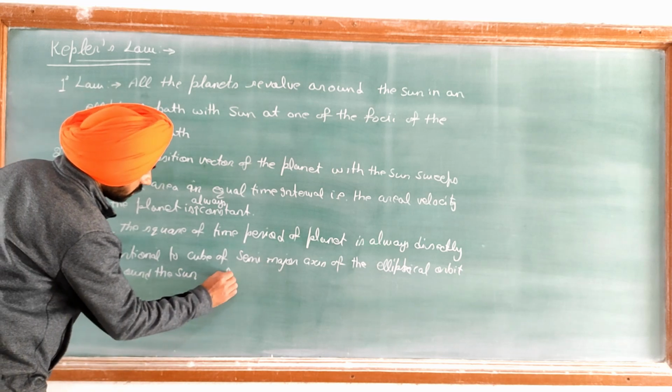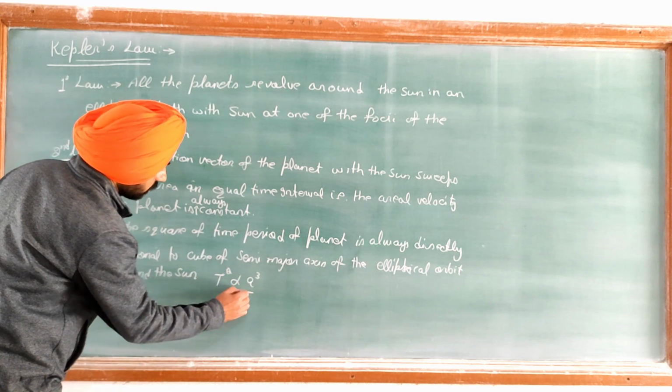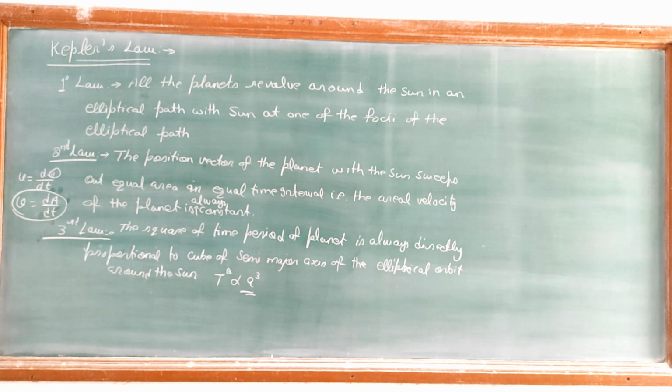That means T square is directly proportional to a cube. a is the semi-major axis, as we represented in our previous lecture.